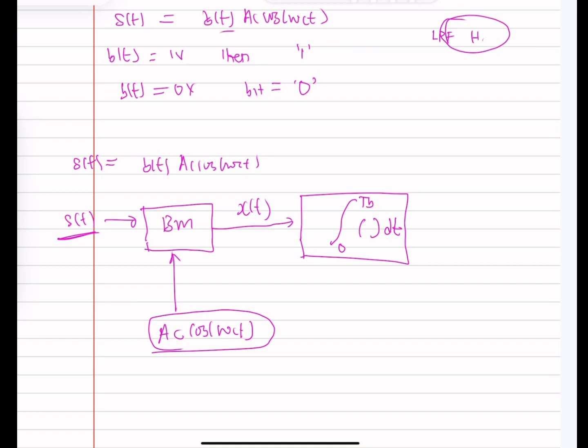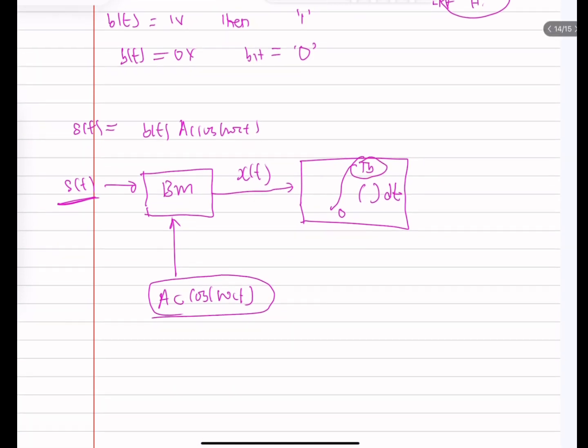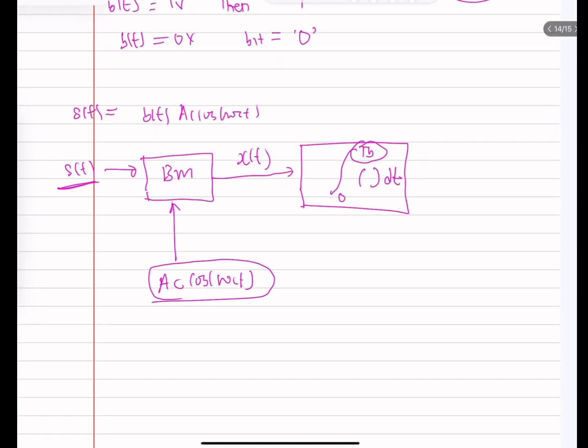This TB here is the bit rate, and we'll talk more about it in the subsequent videos. So instead of a low pass filter, we pass the signal through this filter, and the resulting answer is then passed through a comparator.